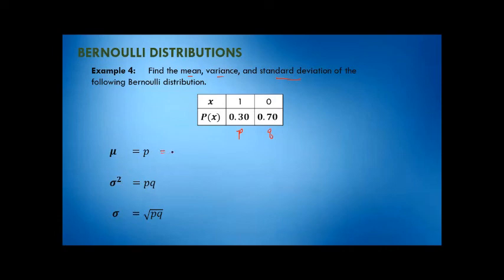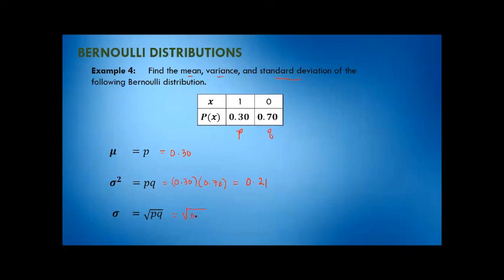The probability of success is 0.30. That is also the mean. And then variance is the product of P and Q. So we have 0.30 times 0.70. The answer is 0.21. And then standard deviation is the square root of the variance.